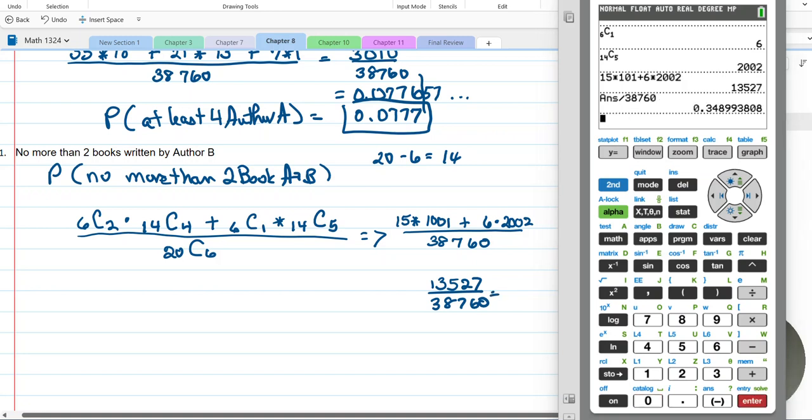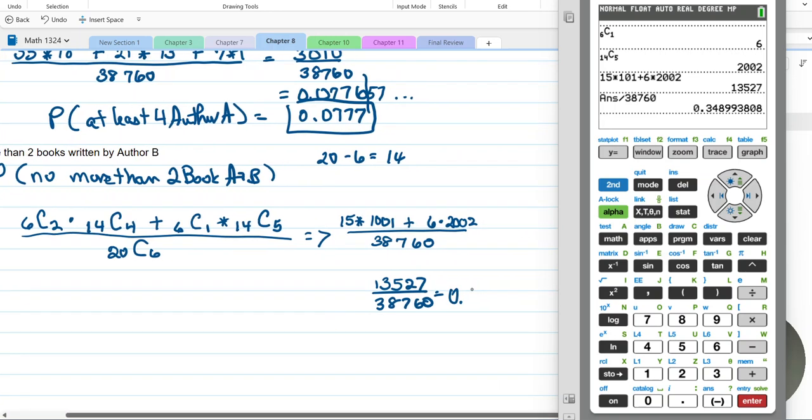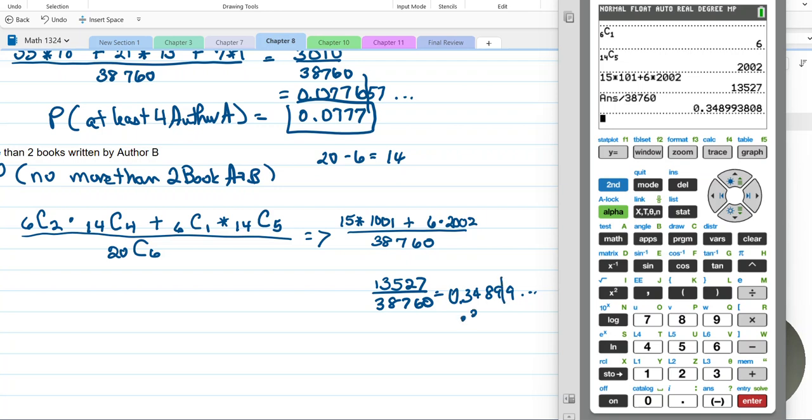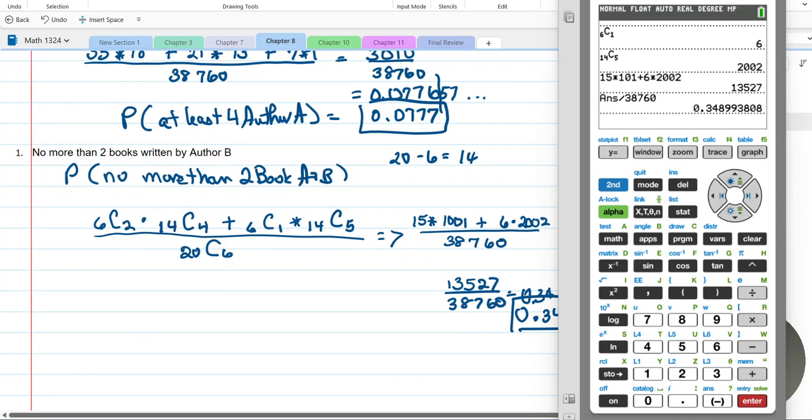That equals, let me read, no more than 2, written by author B. Okay. 0.34899, blah, blah, blah. 1, 2, 3. So that is 0.3490. No more than 2 books written by author B, and it can be all the rest of them.